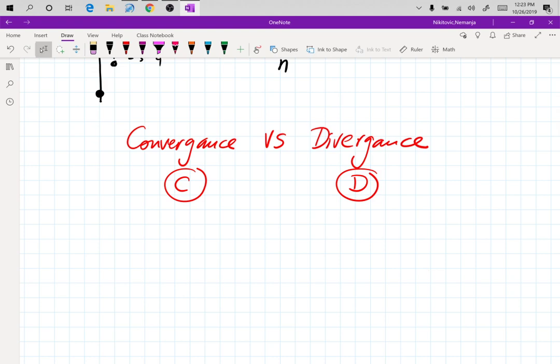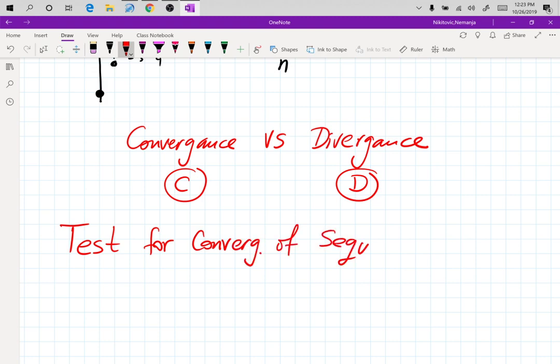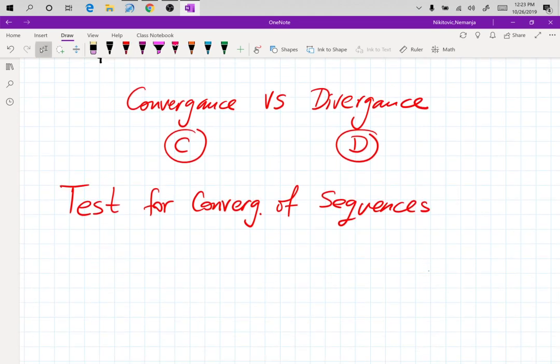And here is, in blood, the first out of 11 tests that you will be memorizing in this course. Test for convergence of sequences. Here we go.